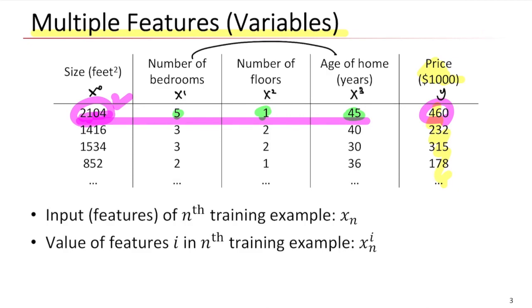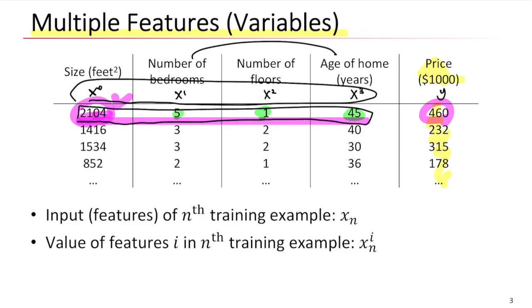So it means that we can represent our input features as a vector of those features, right? This is the first sample of the input variable, like this. If we consider this value, it can be represented by x subscript 1 with a superscript 2.